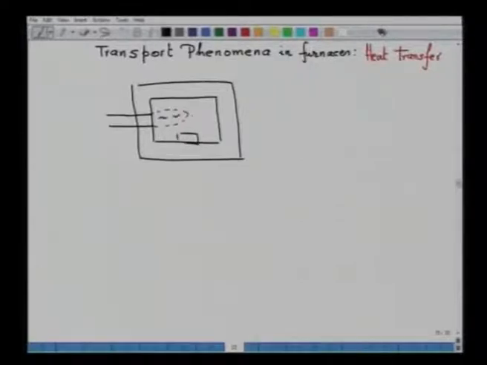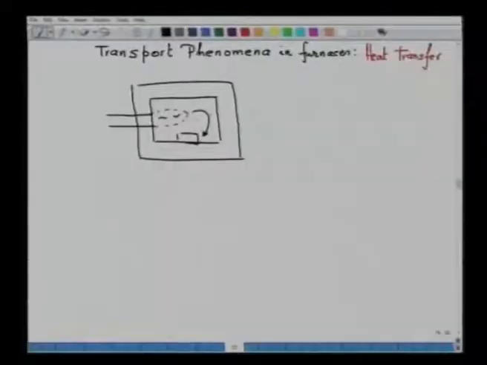So, this is the flame, and the products of combustion transfer their heat to the charge in the combustion chamber, which is hence heated up. Part of the heat is also transferred to the surrounding, and hence heat losses are important. Therefore, for an efficient furnace design, it is important to consider the various mechanisms of heat transfer.